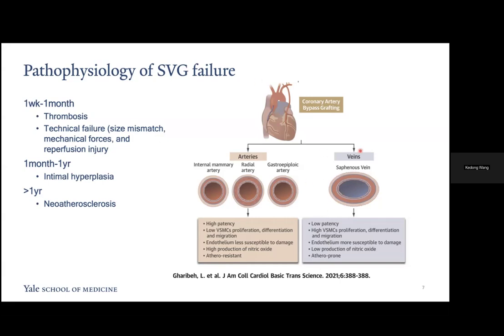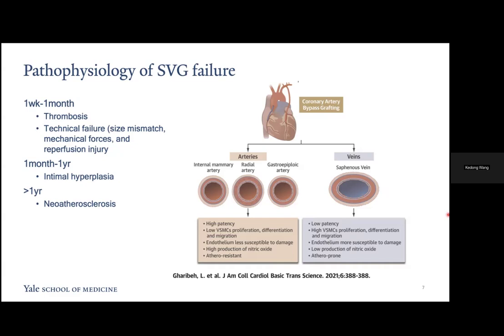The important thing here is that there's a process that's specific to vein graft, and earlier studies have demonstrated that in general, the smooth muscle cells in the vein grafts tend to be more proliferative, and they tend to be more subject to migration into the intima as compared to arterial graft.